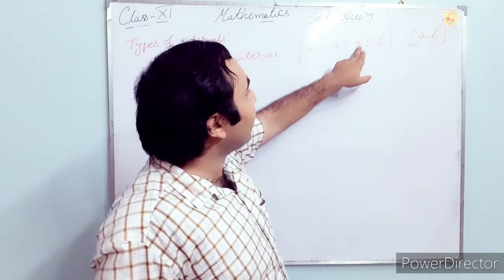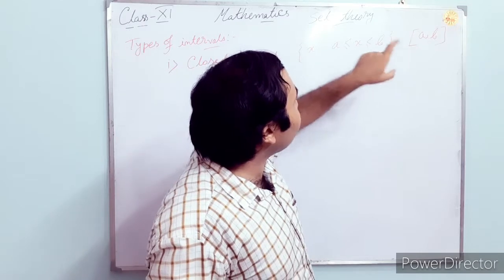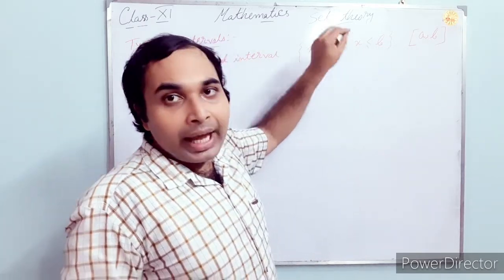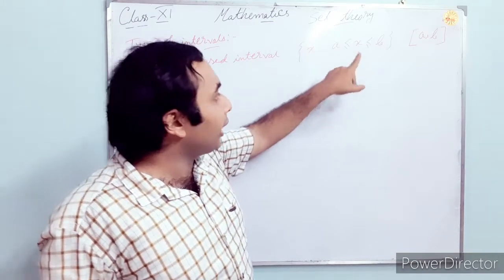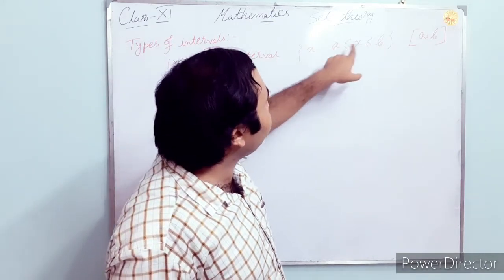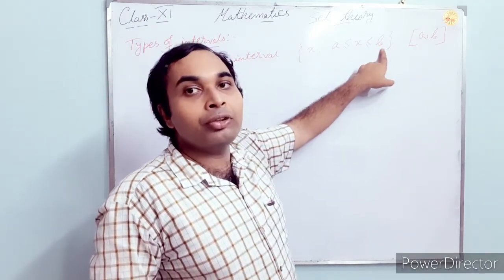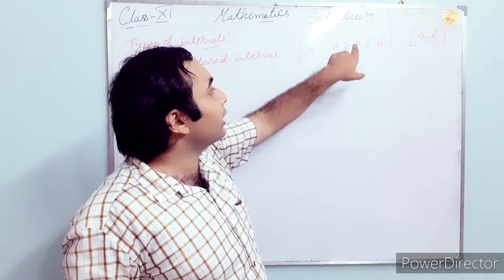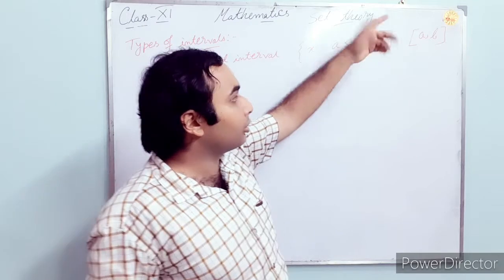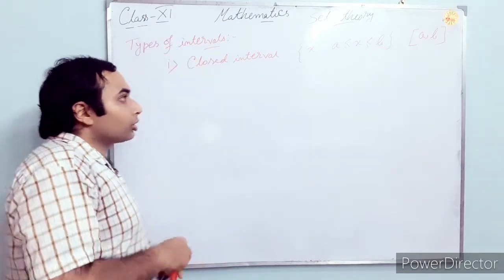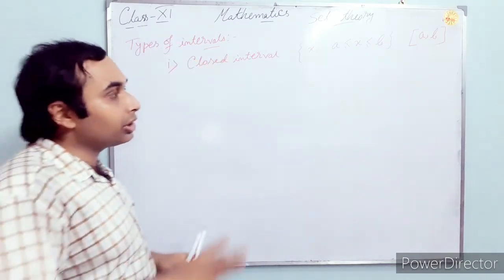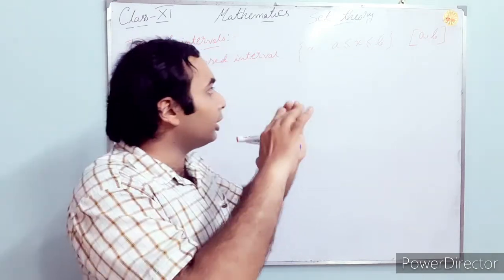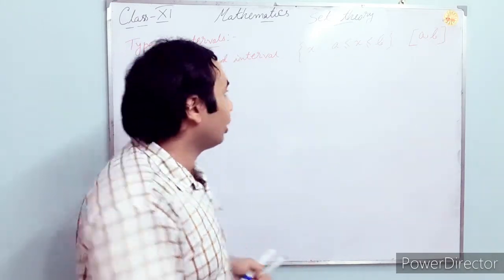That means x can take each and every value in between a and b, and it can also take the value of a and the value of b, because here the equal to signs are there. So that is called the closed interval. That means the interval is closed up to this. No other things can be there.